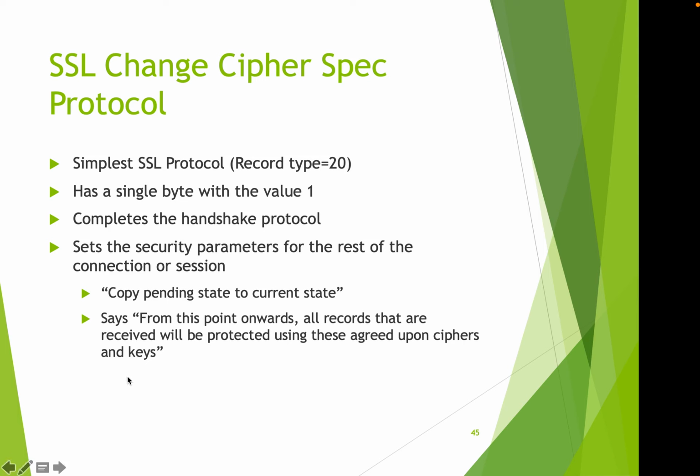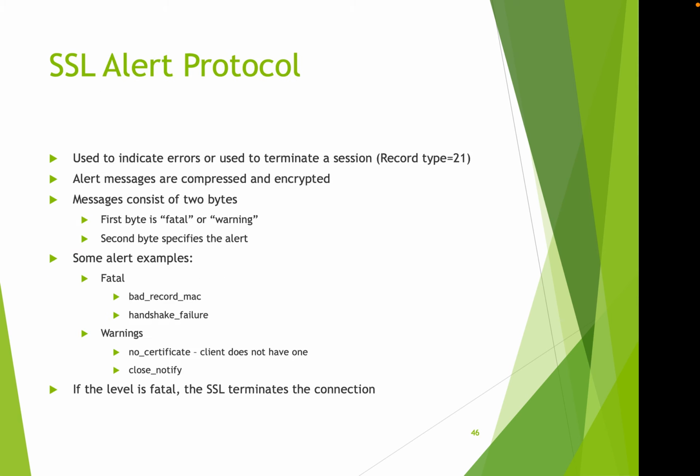It basically says that from this point, all records that are received will be protected. This is the change cipher spec. There is also the alert protocol. Alert has some fatal warnings. It's used to show that there are errors, so a session must be terminated.